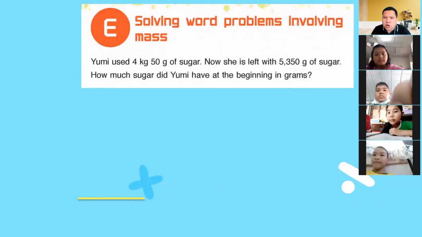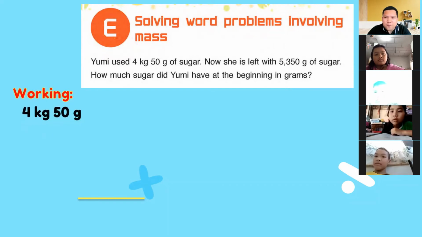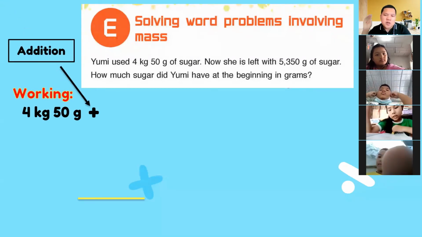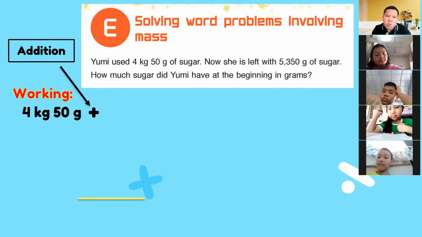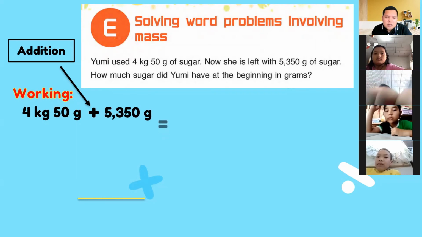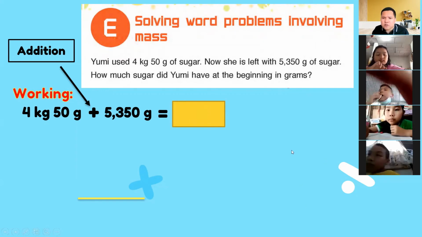So you need to solve the problem in grams. So working, you have 4 kilogram and 50 gram. So class, in here, you need to understand that at the beginning, how much sugar? So you need to use addition, right? Now, Fern, can you solve it right away?